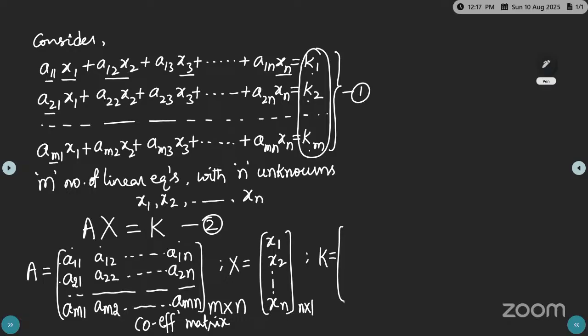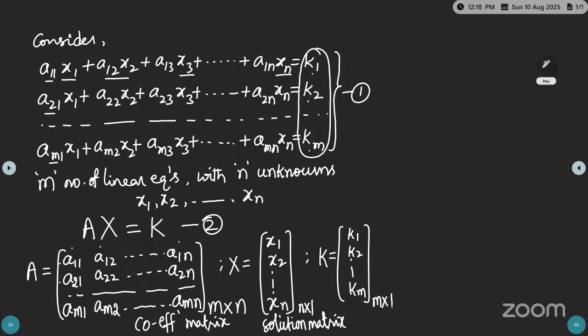This is called the solution matrix, or unknown matrix. K is what? K1, K2, and so on, Km. This is of order m by 1.